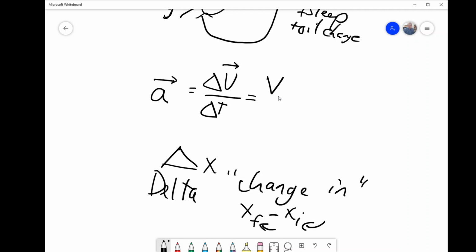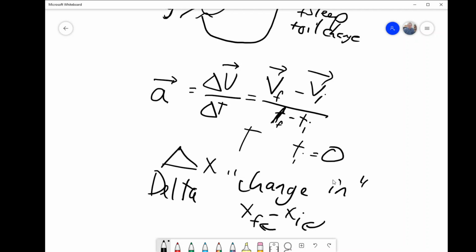So this change in v is our final velocity minus our initial velocity divided by the change in time. Quite often the change in time is just listed as t because we usually have our initial time set to 0.